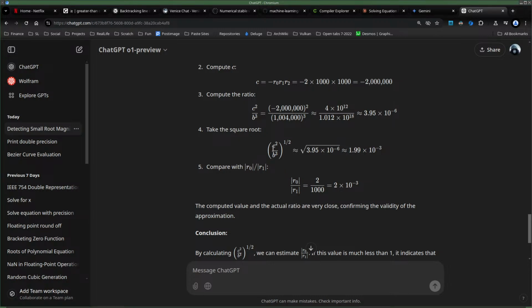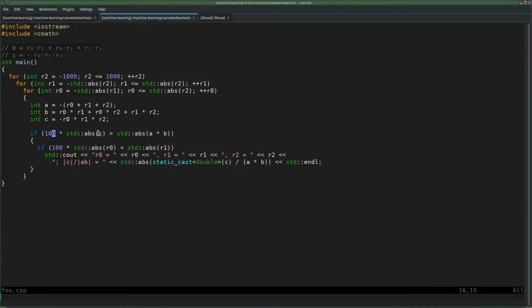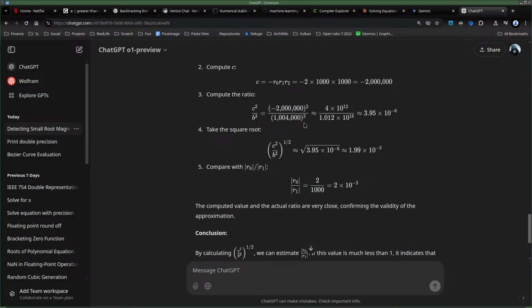I guess C squared and B cubed compared. So we want this to be small. So then this becomes C cubed, and then here we do, sorry, C squared, and then here the B cubed thing. And we want this to be a factor of 100th.